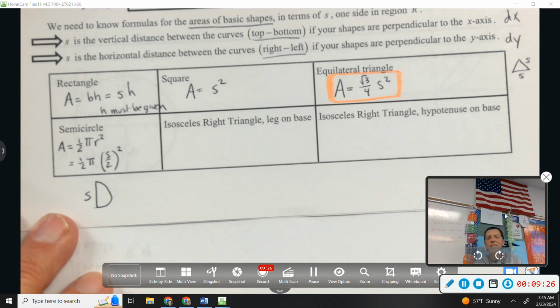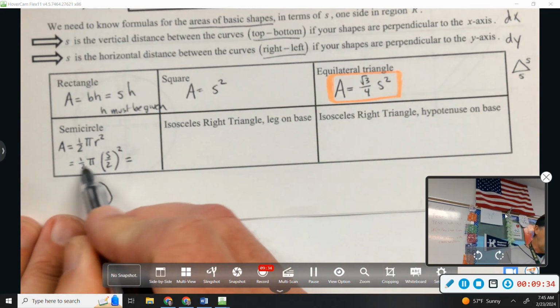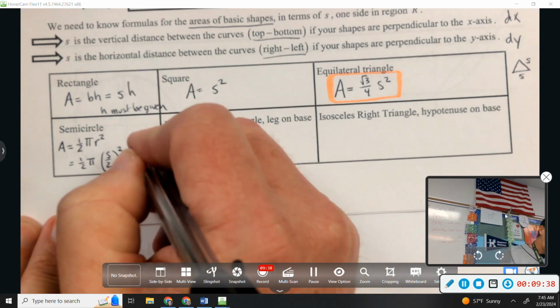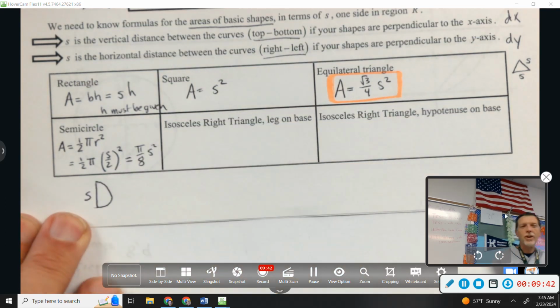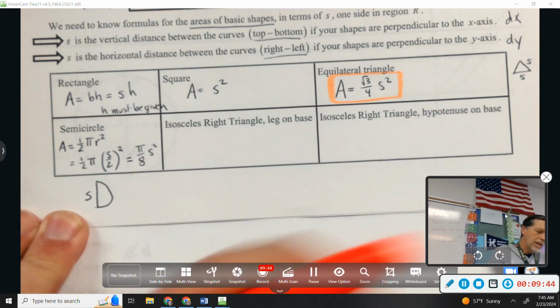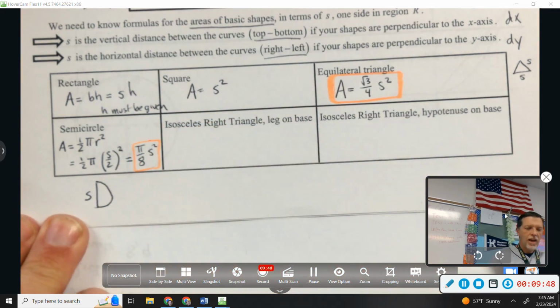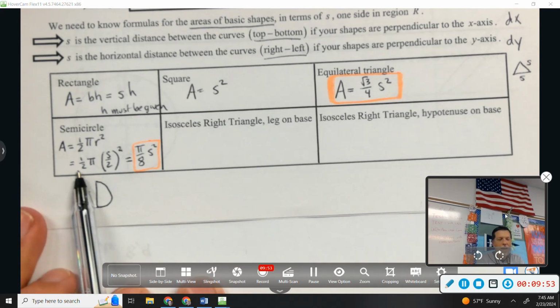I don't memorize that one. I know the area of a circle, so I can figure that one out. Some people do memorize that one, and if you're going to memorize it, you figure out that 2 squared is 4 times 2 is 8. And so if you want to memorize it, it's pi over 8 S squared. I don't ever memorize it, so you won't ever see me use that formula. I will just go back to, I know what the area of a circle is, so I know what half the area of a circle is.